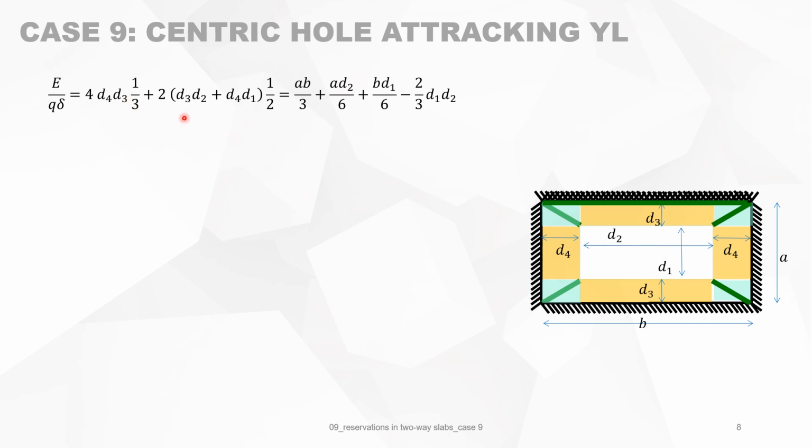And then for the rectangular elements, we have D3 times D2 and D4 times D1, one here, one there, one here, and one there. So you have 2 times D3 times D2 plus D4 times D1, and the mean deflection is delta over 2. You can simplify it by using this formula.